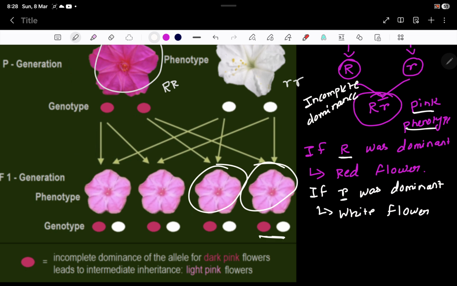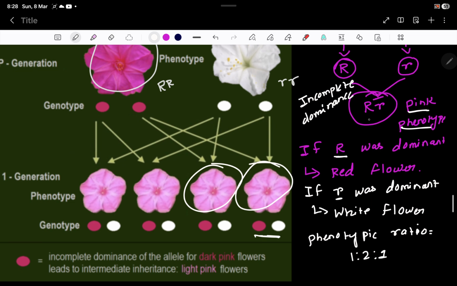Clear? Now you will have to tell me what will be the phenotypic ratio. When you do the whole cross, you will get the phenotypic ratio of 1:2:1.